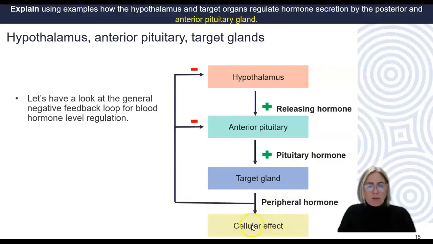Now, as the levels of those peripheral hormones build up in the blood, you can see very clearly from these little red minus signs that they feed back on the hypothalamus to switch off the production of that releasing hormone and the anterior pituitary hormone as well.